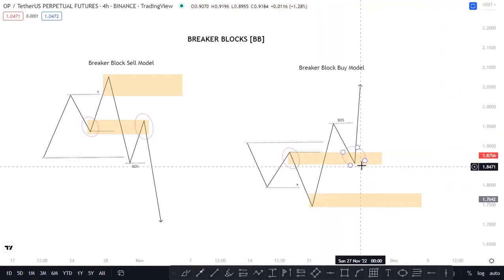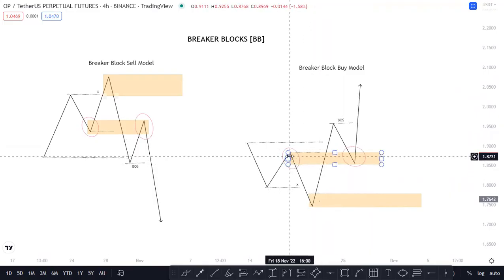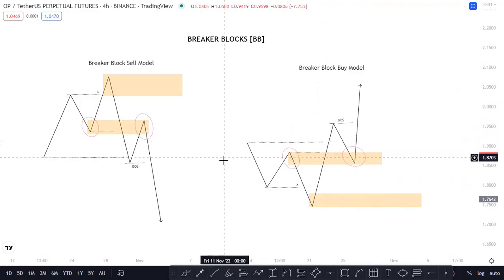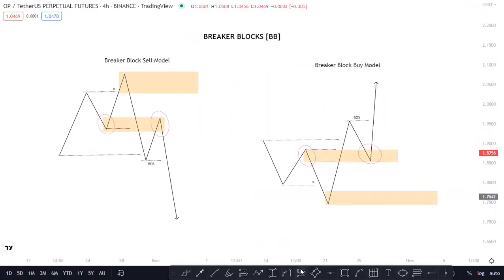But as price is reacting to it, it reacts in the form of a bullish breaker block, hence buying to the upside because there are still valid orders stacked up here. Sometimes, let me draw another formation of this same thing.